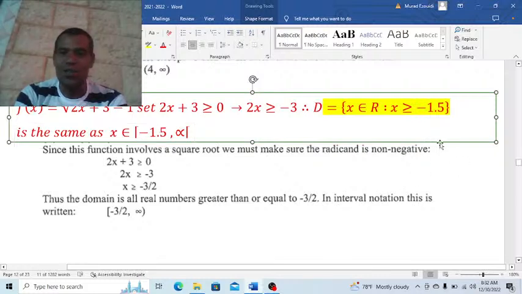Okay, the next equation, learners, I will just consider.